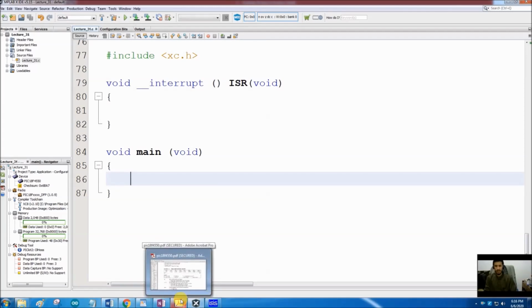So let's start writing our code and let's see what we want. First, let me define the problem that we are going to write code for. We are going to use CCP1 in capture mode and CCP2 in compare mode. In capture mode, we are going to use CCP1 to calculate the frequency of an input waveform and display that on an output port.